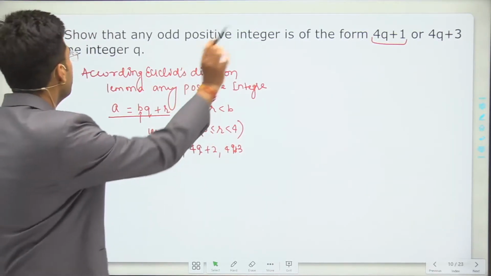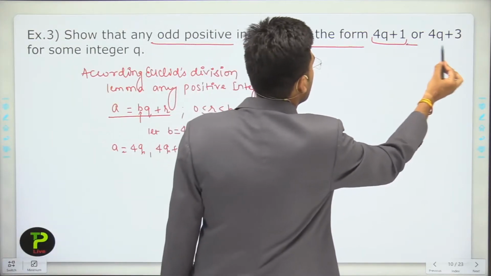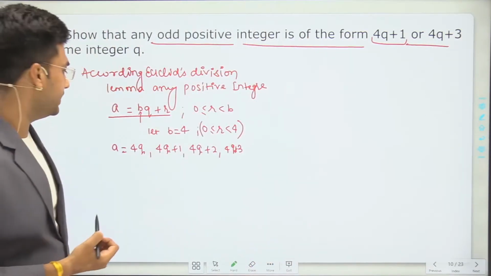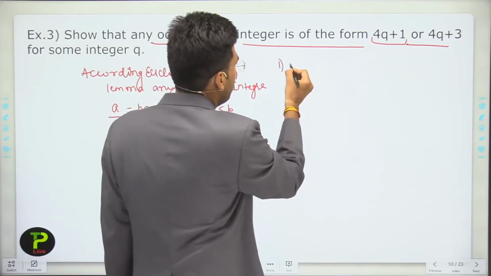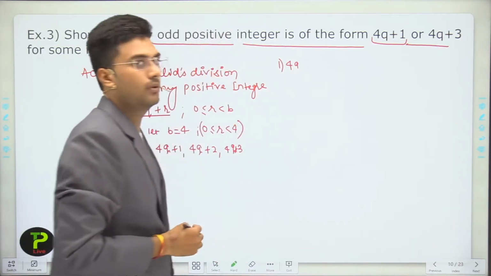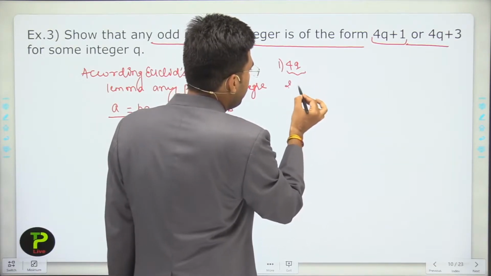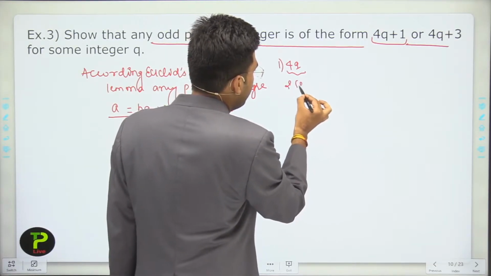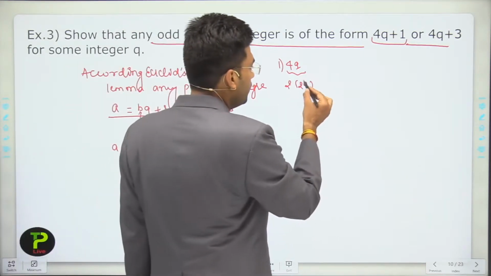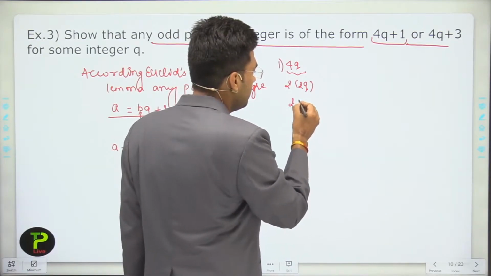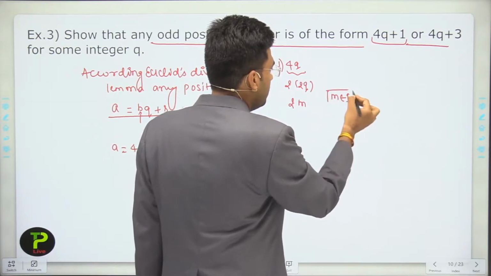Now we have to prove that an odd positive integer is of the form 4q plus 1 or 4q plus 3. Let's check all the forms of numbers. First is 4q. In this number we can take 2 common, or we can write it as 2 multiplied by 2q, and 2q is an integer, so we can write it as 2m, where m is an integer.